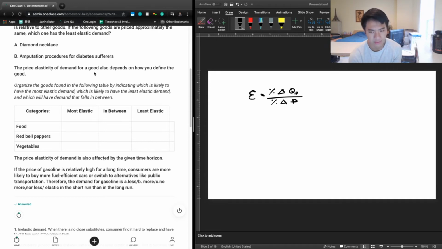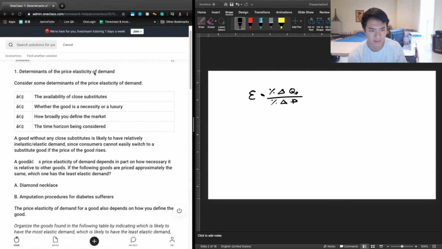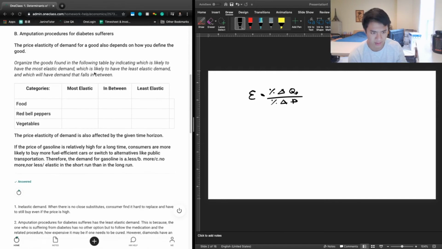And we can think of an example for this. There is no substitute really for food in terms of the need it fulfills. It's the same rationale as the first 2 things we talked about, which were necessity and close substitutes.